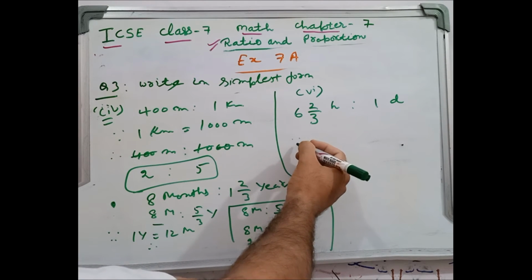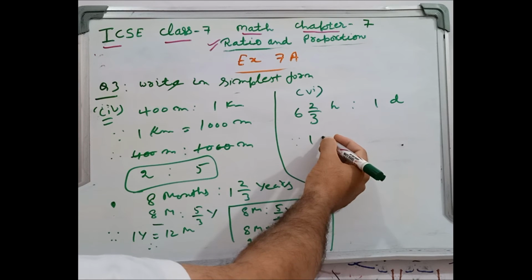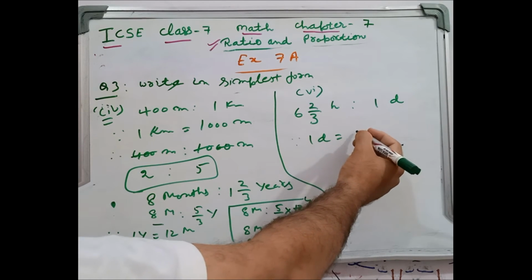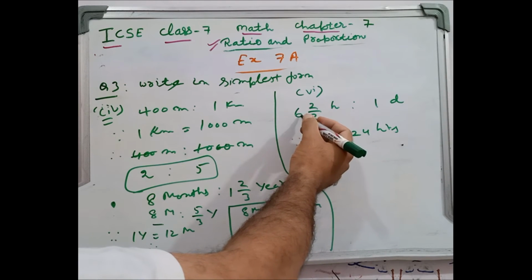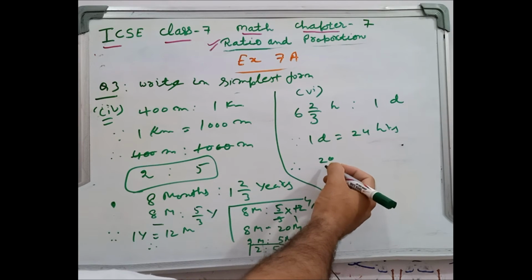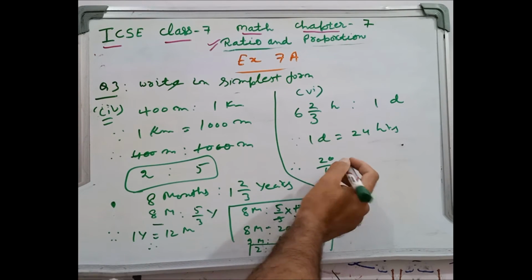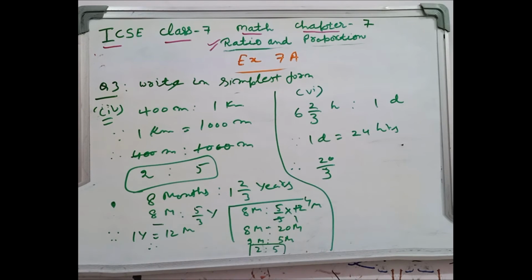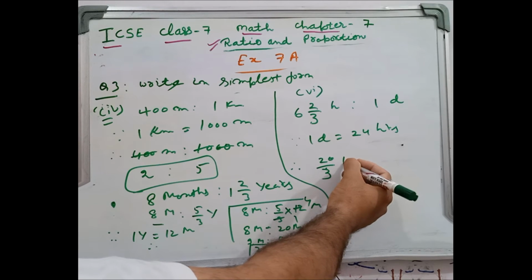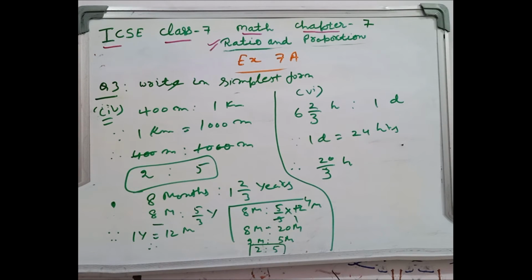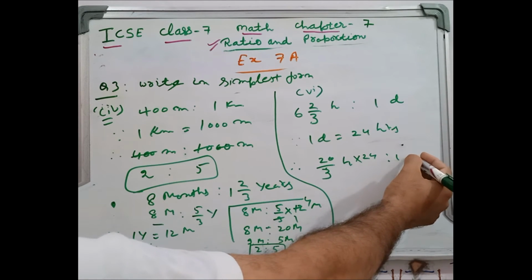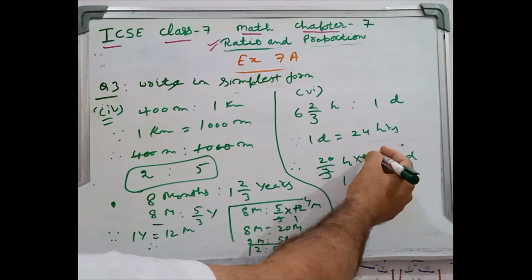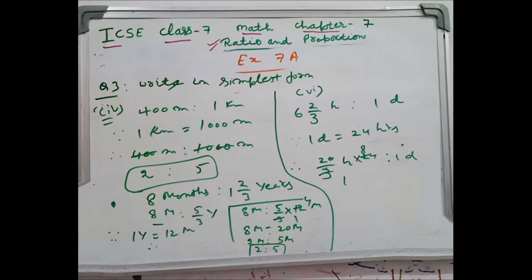Because 1 day is equal to 24 hours, therefore 6 3s are 18 plus 2, 12 by 3 hours multiplied by 24 ratio 1 day.